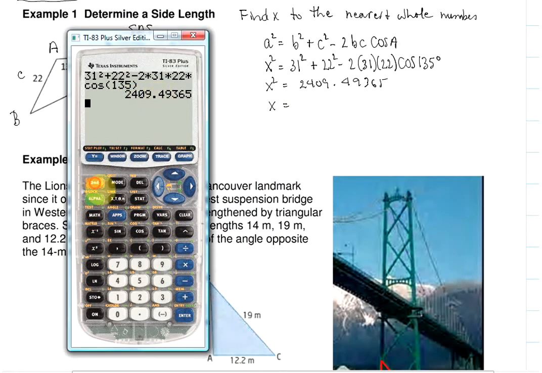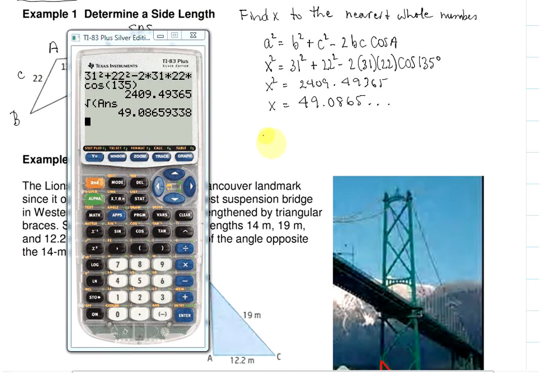So I'm going to go second x squared to get me my square root, and then second negative sign because that's second answer, and then enter, and the square root of 2409 is 49.0865, and so on.